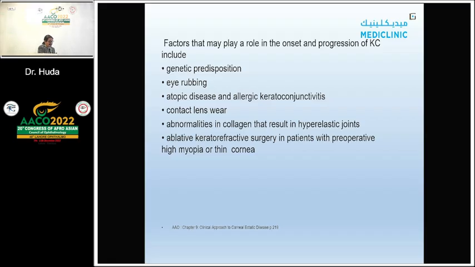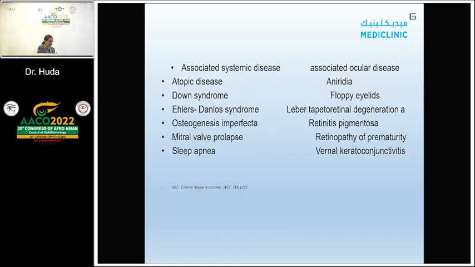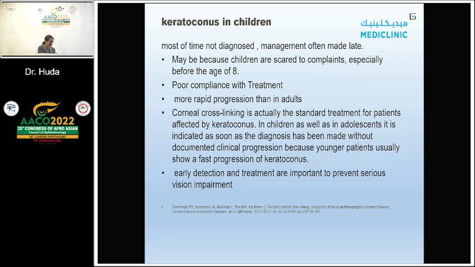Well-known factors are atopic disease, eye rubbing, contact lens wear, abnormality in the collagen that leads to hyperplastic joints, and refractive surgery. Associated systemic diseases are atopy, Down syndrome, Ehlers-Danlos, as Miriam said, I don't want to repeat it, and other ocular diseases: retinitis pigmentosa, retinopathy of prematurity, and VKC.